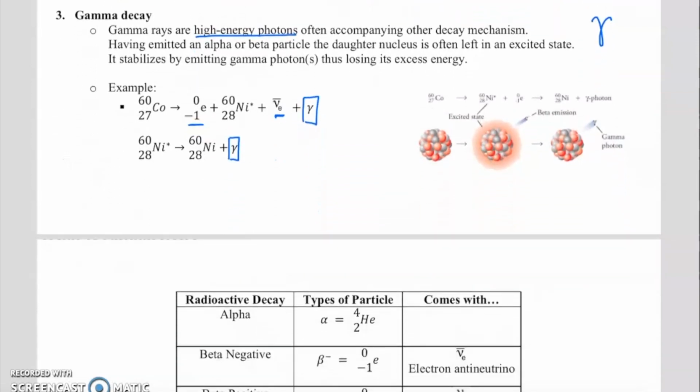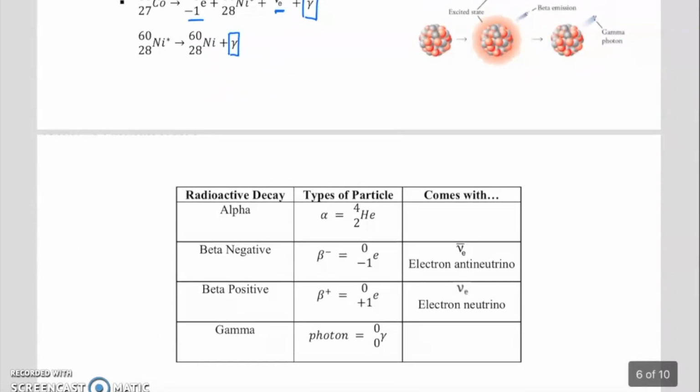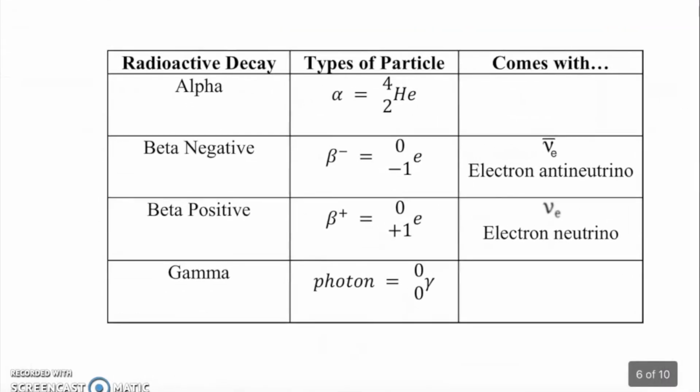So to sum up, we have 4 types of radiation that we're focused on: alpha, beta negative, beta positive, and gamma. Again, a few of these things are a bit strange to us, such as electron antineutrinos, electron neutrinos, and what exactly a positron is.